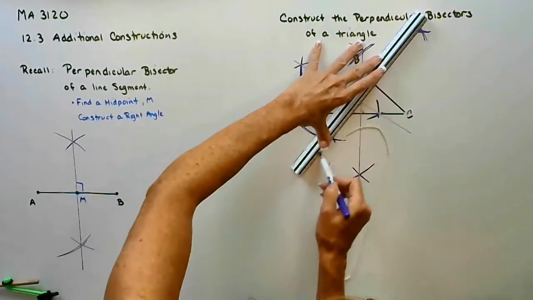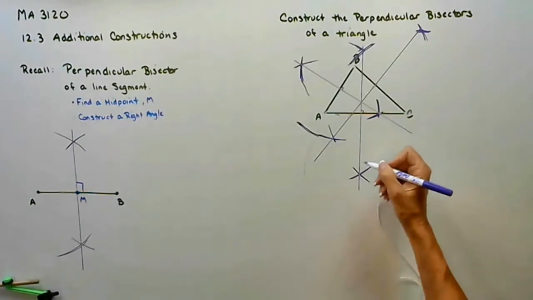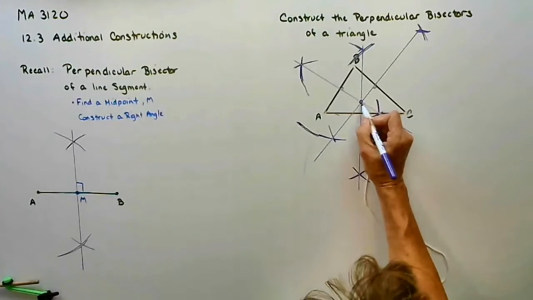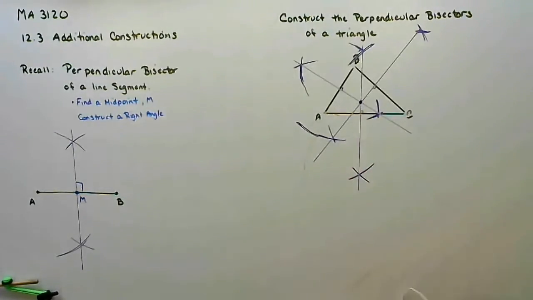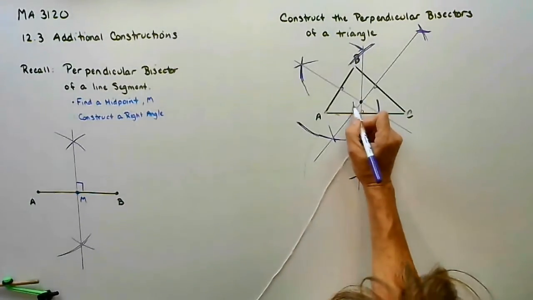Mine slipped a little bit. Not too bad, but a little bit. I have a right angle, and sure enough, I have a point of concurrency. All right, so I have a point of concurrency again.